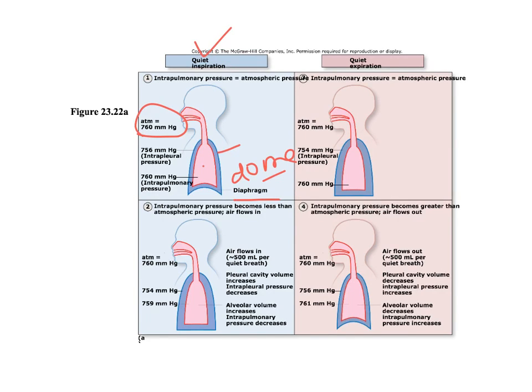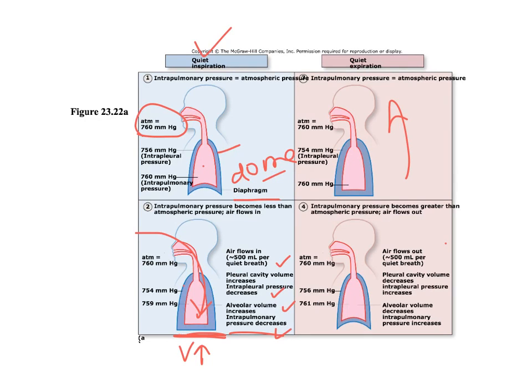When we go to inhale, this makes the volume bigger, and it changes the pressure. The pleural cavity volume increases, intrapleural pressure decreases, alveolar volume increases, intrapulmonary pressure decreases. So the air is going to come in. When we go to exhale, the opposite happens.